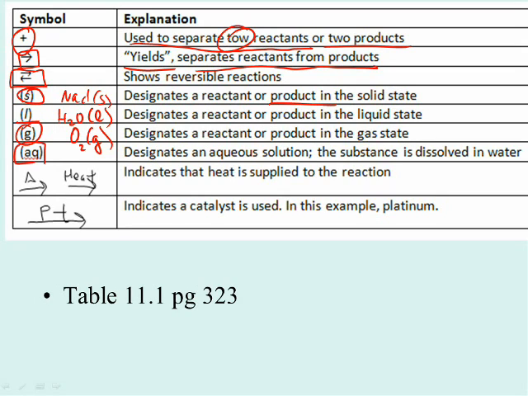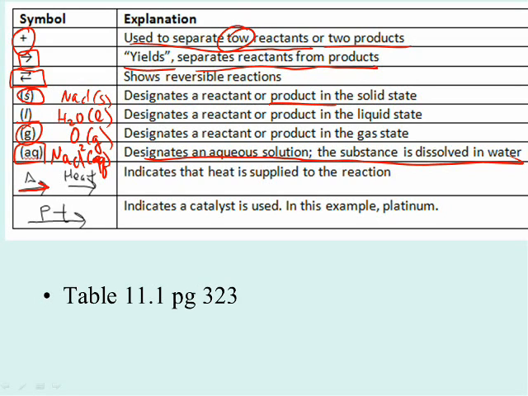Now, aqueous means it is dissolved in water. So, for instance, we might have sodium chloride, but if it says (aq), that's not the solid sodium chloride. It's the sodium chloride dissolved in water.